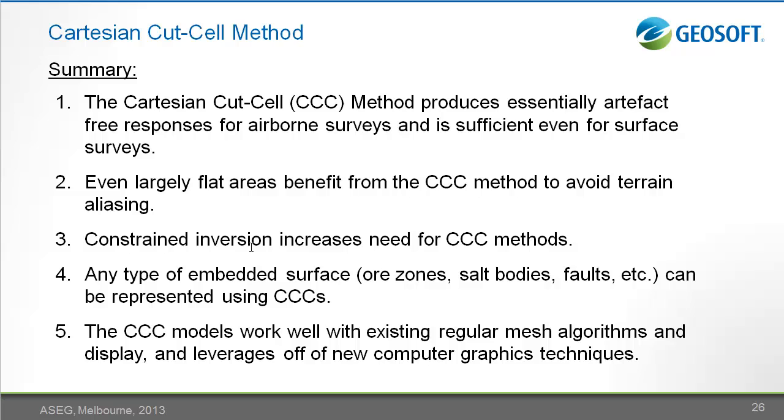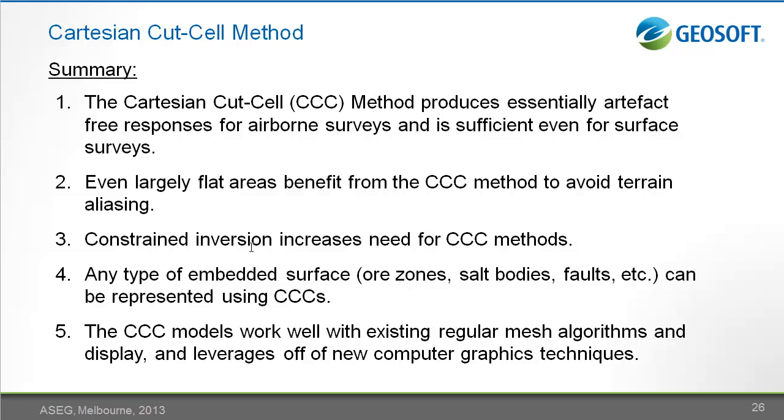So that concludes my examples of the Cartesian Cut-Cel method. I'll summarize by saying that the method produces essentially artifact-free responses, particularly for geophysical airborne surveys, and in many cases it's sufficient even for surface surveys. It's important even in largely flat areas to use these Cartesian Cut-Cel methods if you want to avoid terrain issues that would occur if you're using voxel elements.